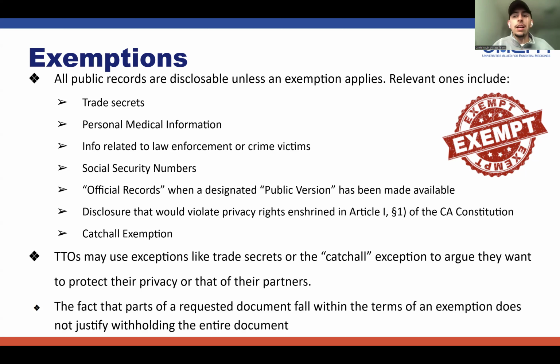So for example, if you're asking for a really big document and, I mean, there would never be patient's medical information in it, but just in case, just as an example, if there's one page that has a patient's medical information in it, then you can just tell them to redact that one page, that one line, and then they still have to send you the rest of the document. They can't just withhold the whole thing because an exemption applies to just a little part of it.